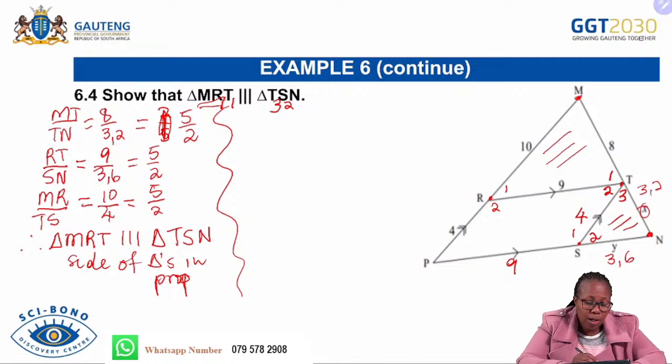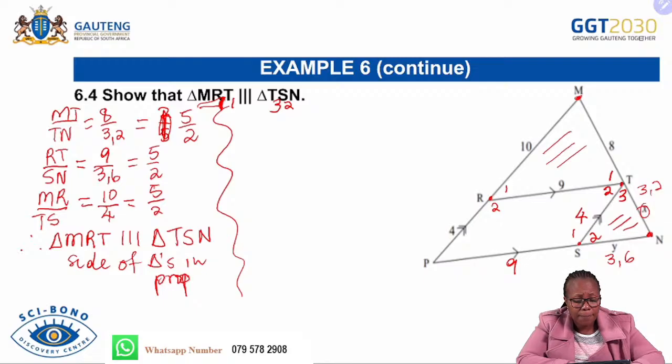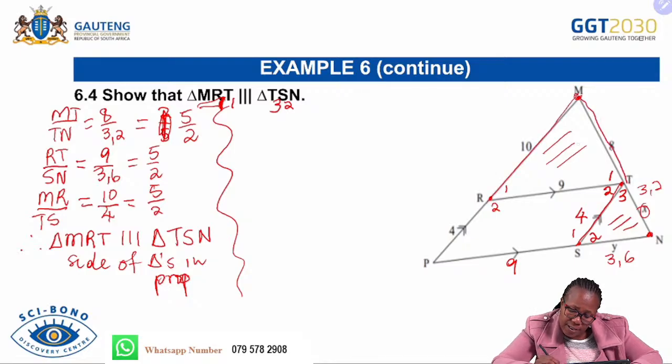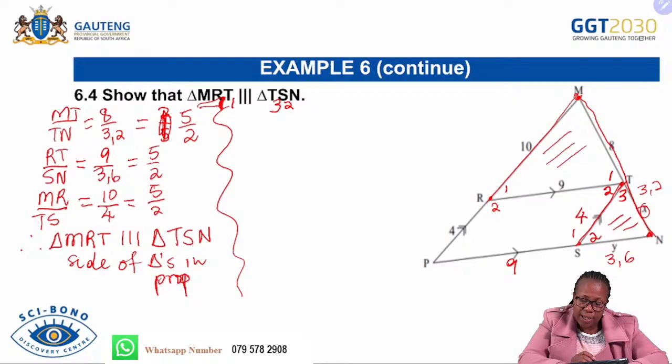Okay, so now we want to check. Can we use angles being equal there? Let's check angle M. Can M be equal to T3? Can we take that? Yes, because we have parallel lines there. Therefore, these are angles inside F, corresponding angles.